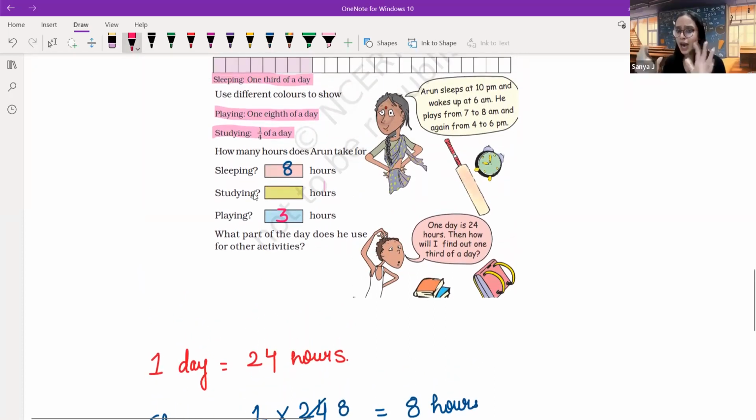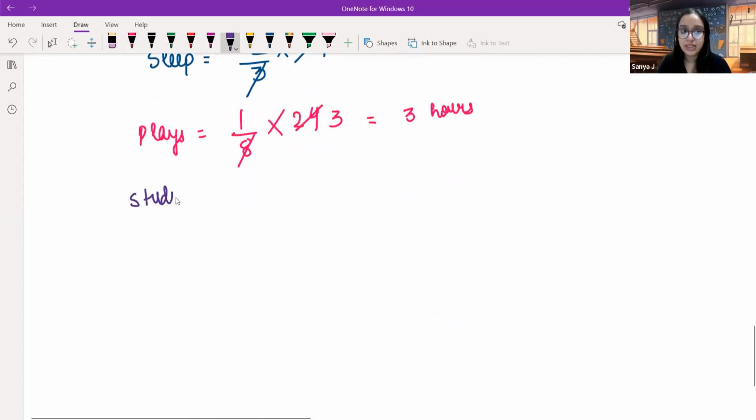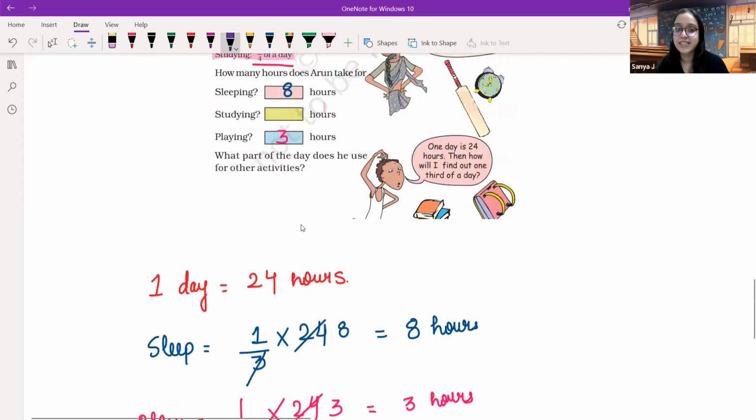Now let's see how many hours he devotes for studying. Okay, he studies for 1/4 of the day, that is 24 hours. Let's simplify it. 4 times 6 is 24, and he studies for 6 hours. It's as simple as that.